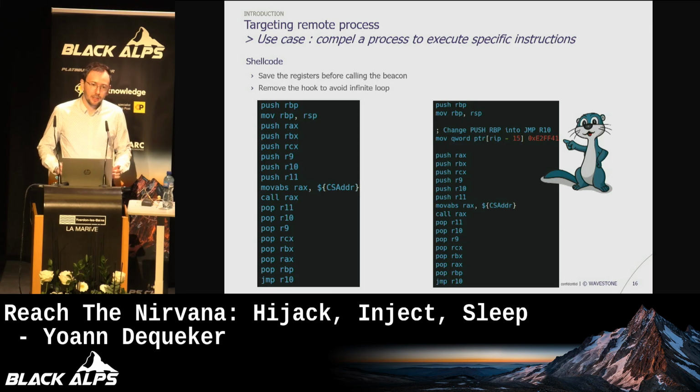And the jump R10 will directly give back the execution flow to the calling process. So the first time the Nirvana hook is called, it will execute your Cobalt Strike beacon. But the second time, it will just jump to R10 and give back the execution flow, and nothing will happen. With this, you can be sure that your beacon will be executed only once and not every time a syscall is performed.